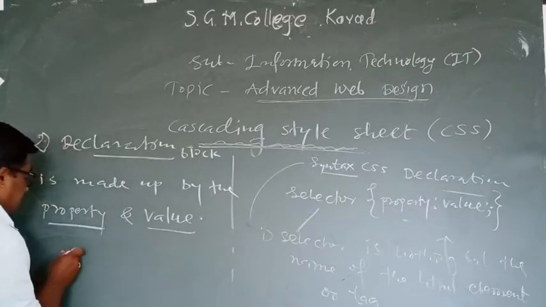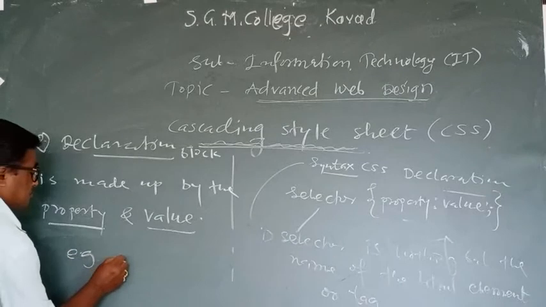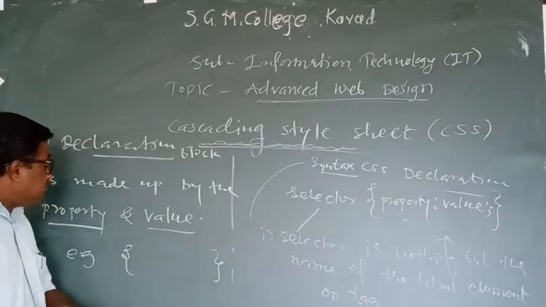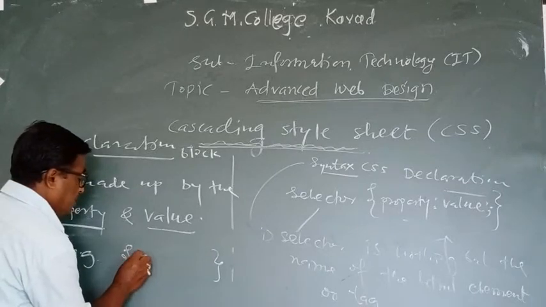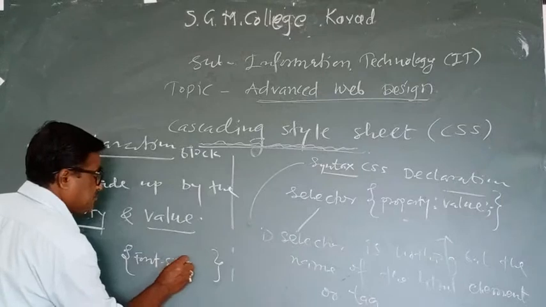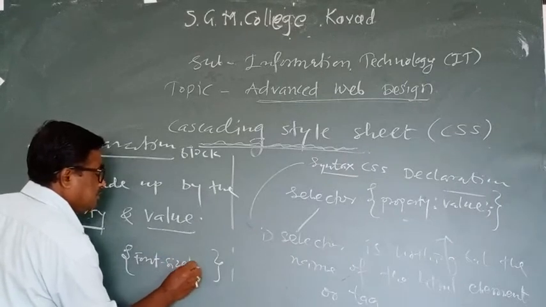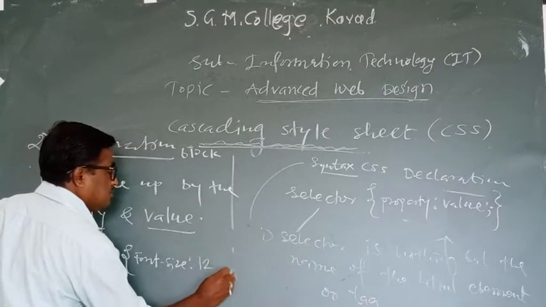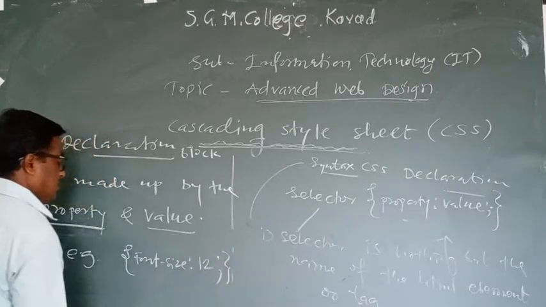For example, here, these are enclosed in curly brackets. For example, font-size colon 12 and semicolon.